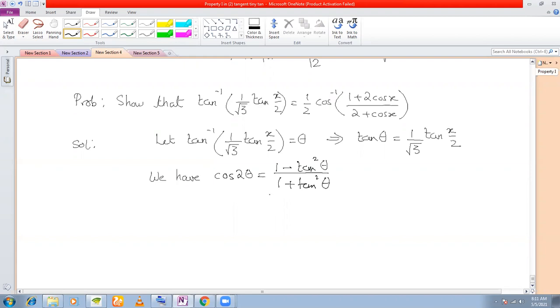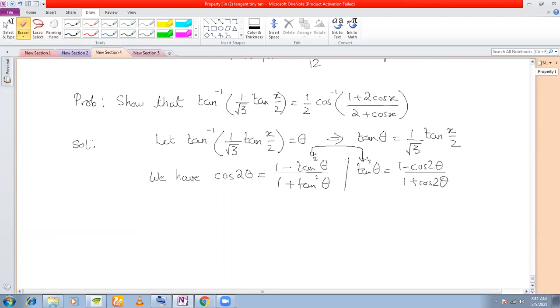The formula that I was going to write actually comes from this formula. Whether you write cos 2 theta or whether you write tan square theta is equal to 1 minus cos 2 theta by 1 plus cos 2 theta, it's the same thing, because this formula here we get from this only, and vice versa also.